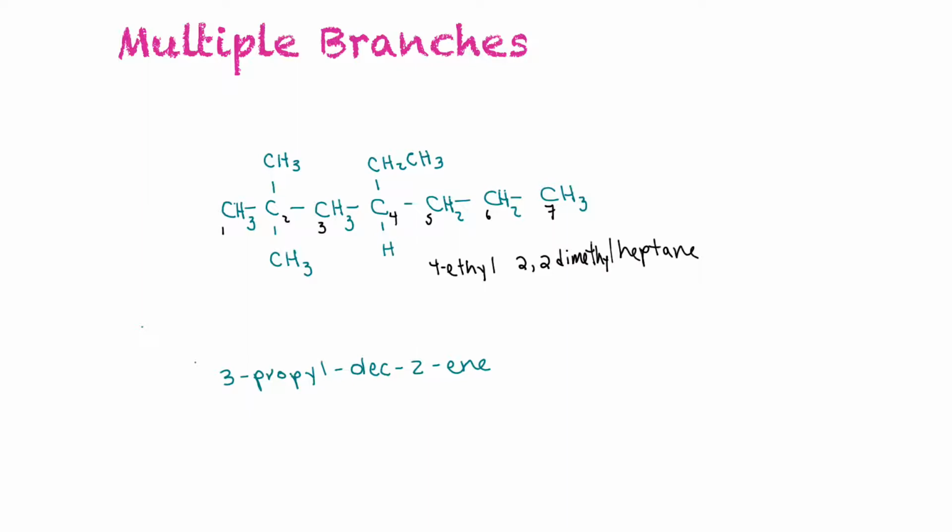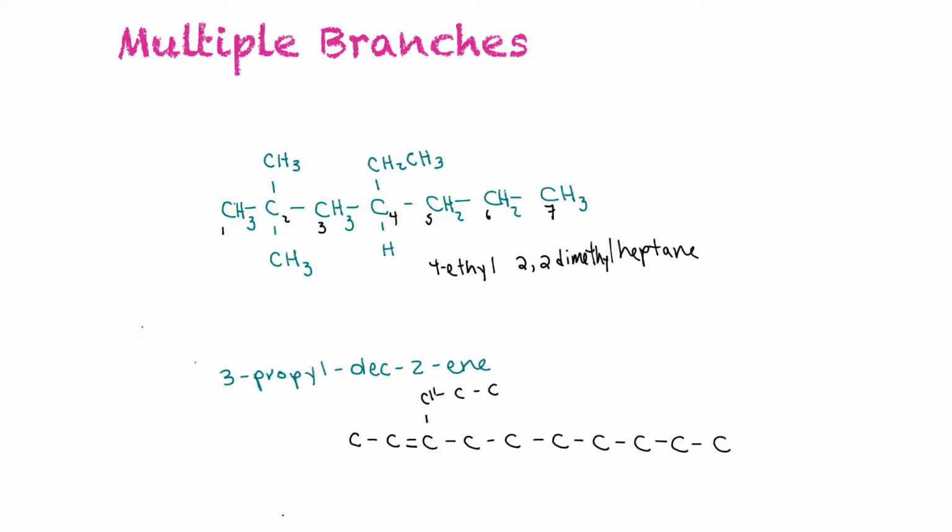So for this one, we'll need to draw out the skeleton chain. So I'll do the 10, 2, 3, 4, 5, 6, 7, 8, 9, 10. And then on carbon number 2 is the double bond. And then on carbon number 3, there's a propyl. So 1, 2, 3.